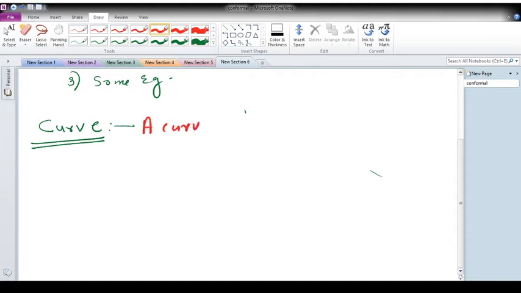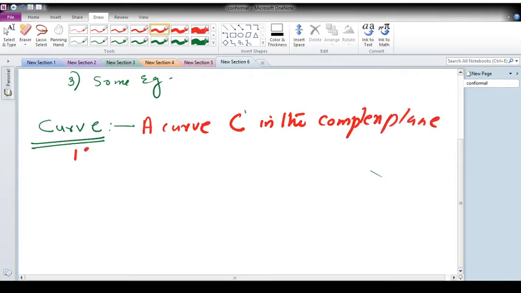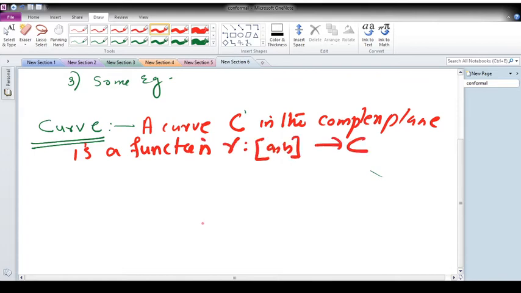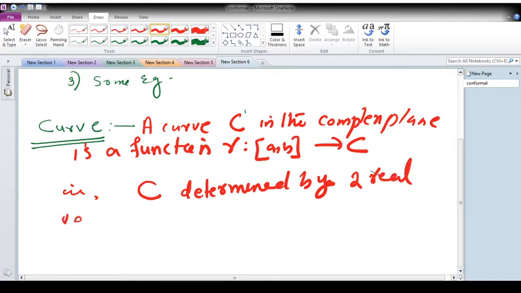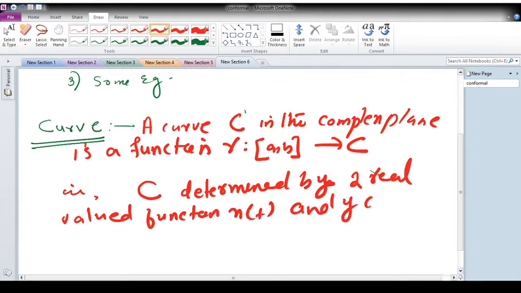A curve C in the complex plane is a function gamma from [a, b] to C. That means the curve C is determined by the two real valued functions x of t and y of t.